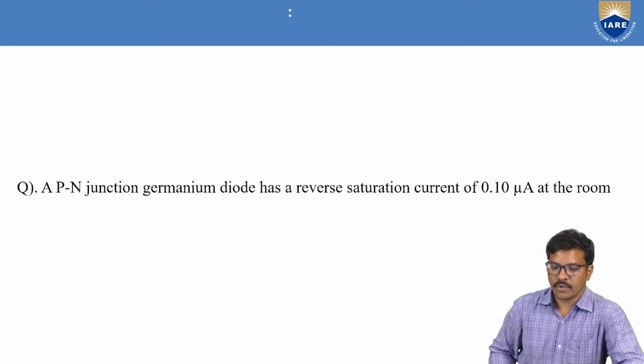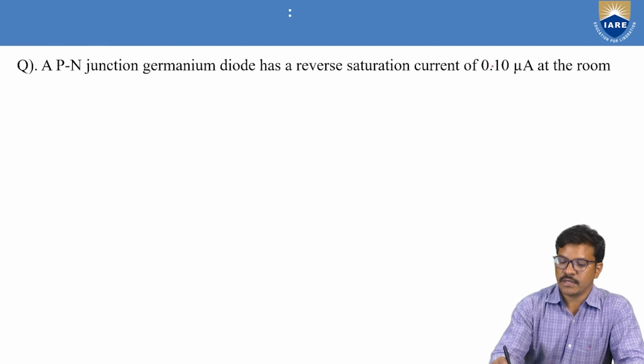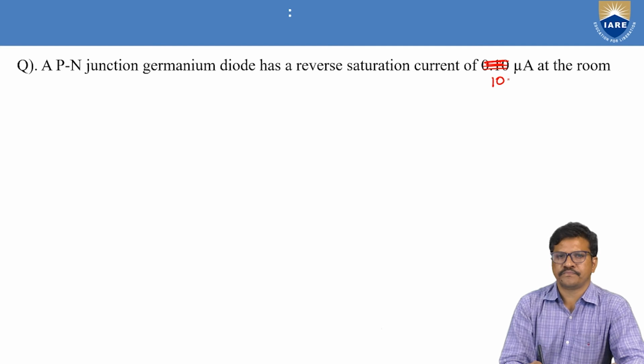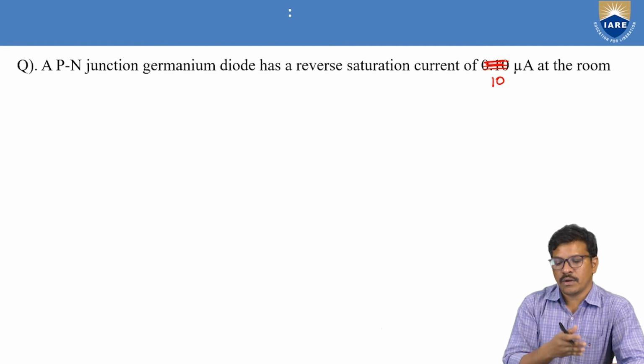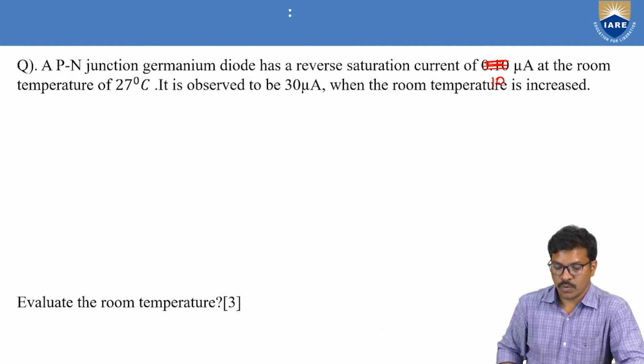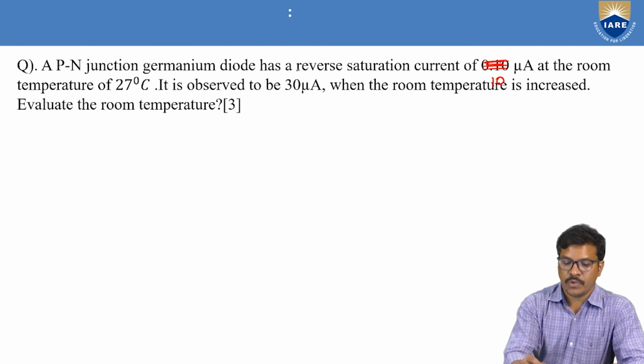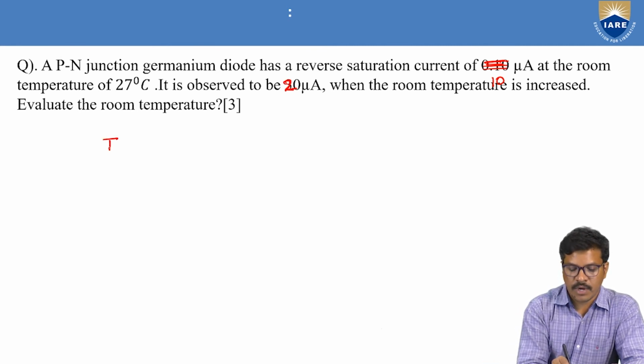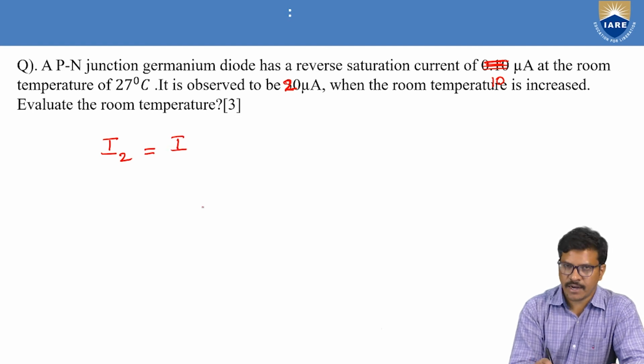The same example, if you see this, 10 microampere to 20 microampere. So what is the formula? I2 means reverse saturation current at temperature 2, I2 is equal to I1 into 2 power T2 minus T1 divided by 10.